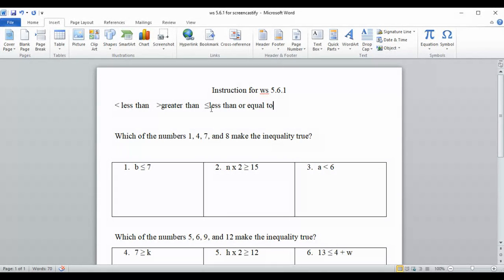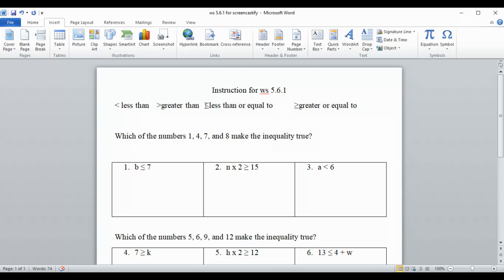So this little part down here, the bottom of it right there, that is half of an equal sign. And then we have this symbol, which means greater than or equal to.